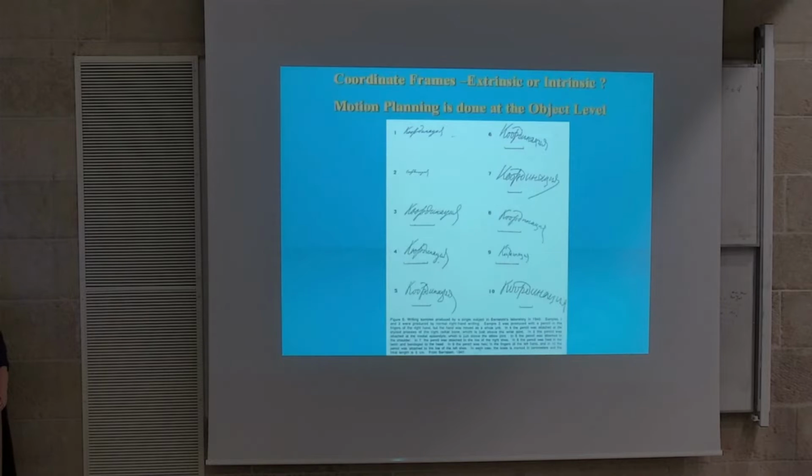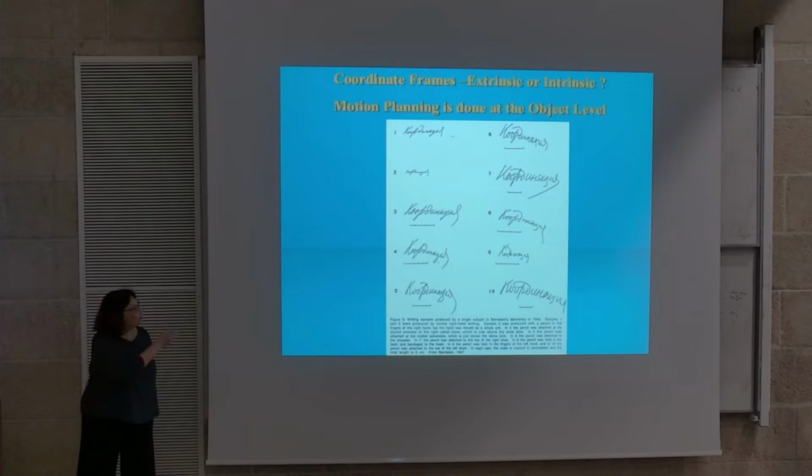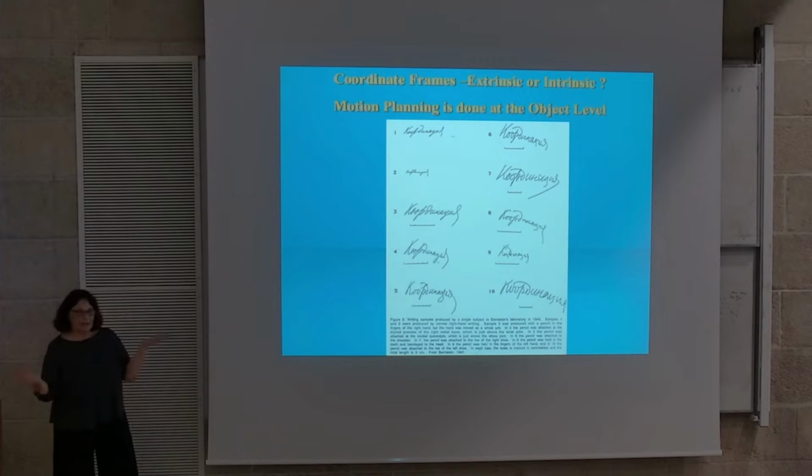Evidence for this notion, which I actually found in the thesis of Marc Raibert, who later built the Boston Dynamics company, but originally was at MIT, comes from an example of how we write the word coordination. That's taken from Bernstein, in Russian.